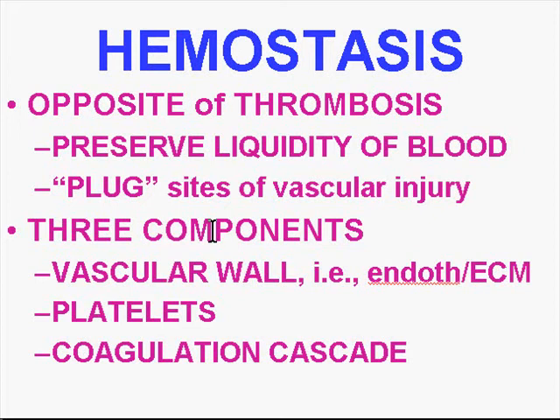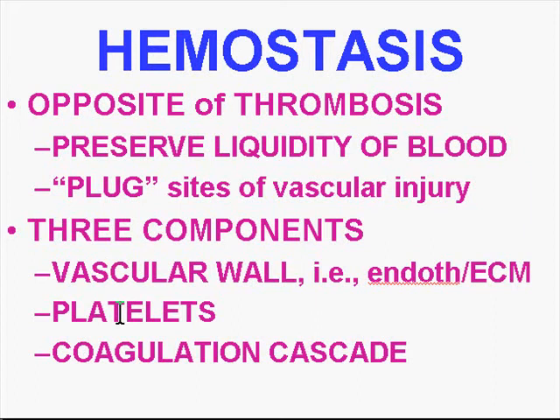Hemostasis has three main components, and we're going to get into that in the next 10-minute clip, but let's mention them now. There are vascular wall components, and that's chiefly due to the action of endothelial cells and the underlying extracellular matrix. That can also be thought of as being the earliest component.